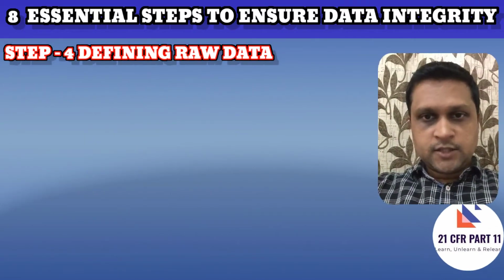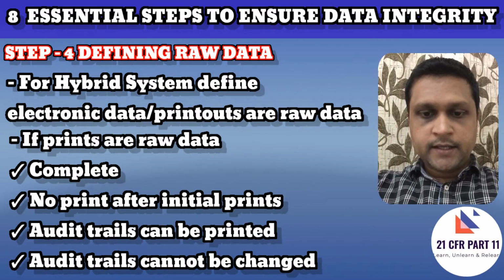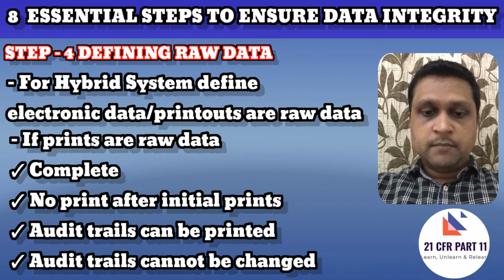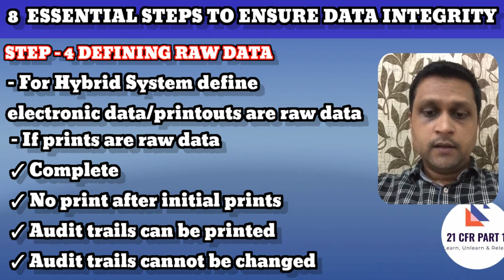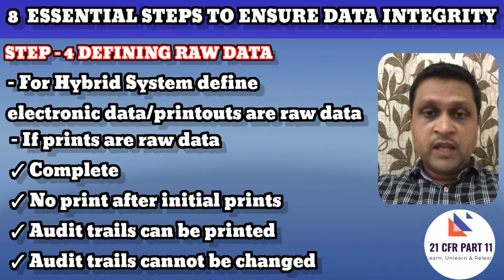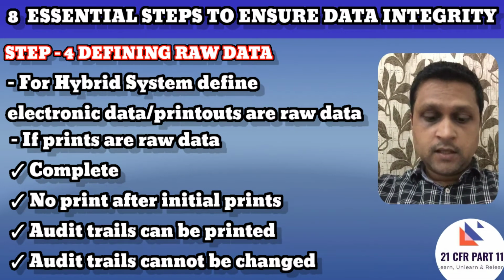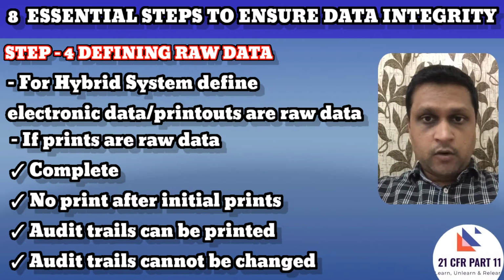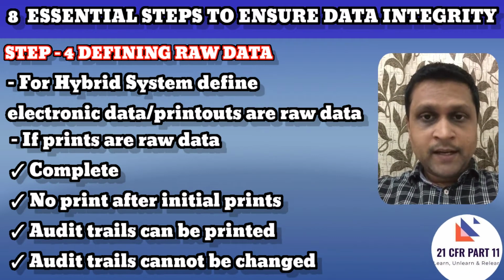Now the fourth essential step to ensure data integrity is defining the raw data. For example, for a hybrid system, define whether the electronic data or the printouts on hard paper are the raw data. If the printouts on hard paper are the raw data, then they must include the complete record.